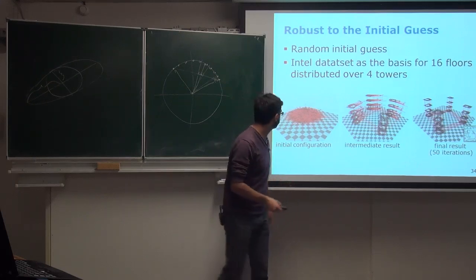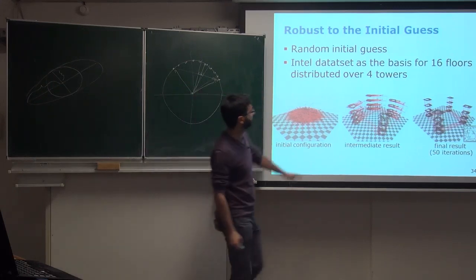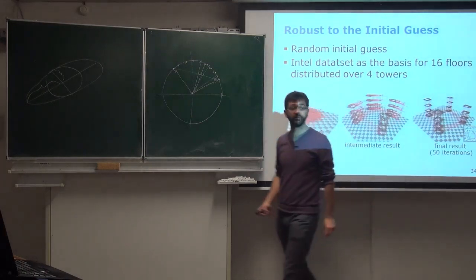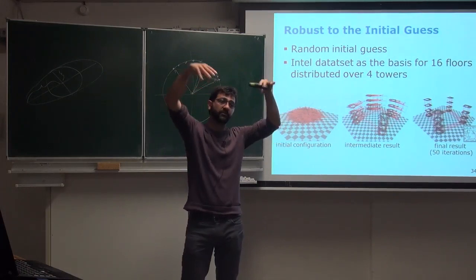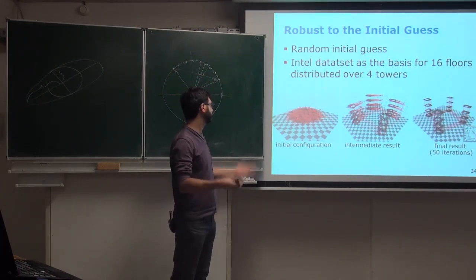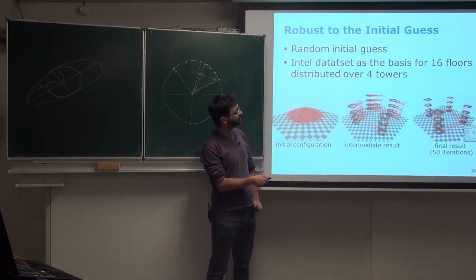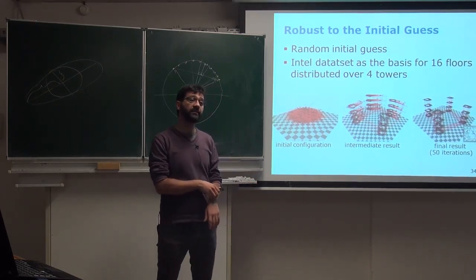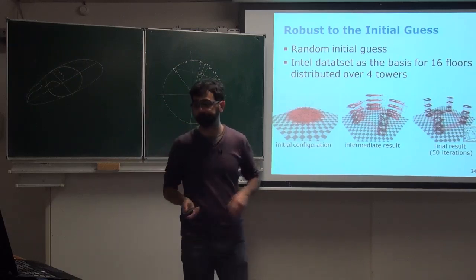Okay, and here it's an experiment where it's been done with the same data set but built in different places to simulate a bit of 3D structure and repetitive environments that look like the same on each floor. And you start with a completely useless initial configuration, and you're still able to recover and get to a decent, good result. Okay? And that's just because the algorithm is able to jump between different local minima.